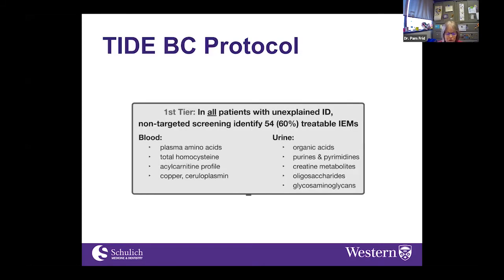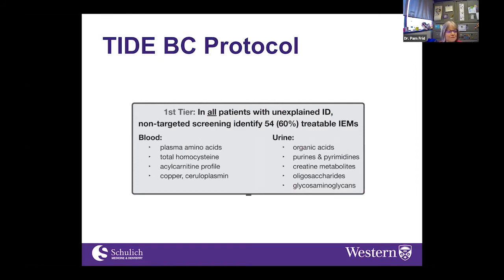Now, the TIDE protocol was developed in British Columbia, and TIDE stands for Treating Inherited Diseases Endeavor. This was developed to try and give some rationale to what kinds of metabolic investigations you should do for children with developmental delay.